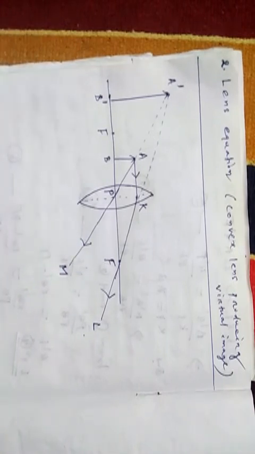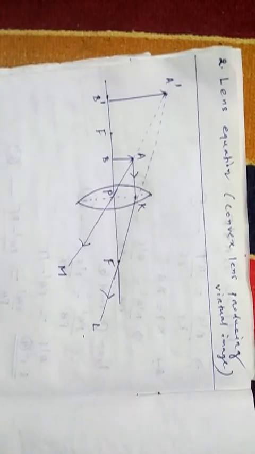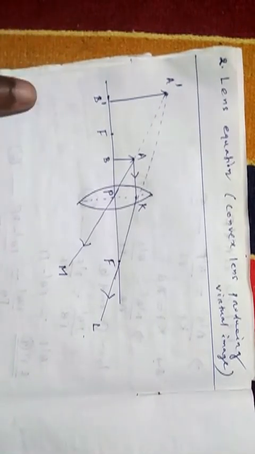Let the object AB be held perpendicular to the principal axis of the convex lens and be in between the optical center P and focus F. A virtual erect image A dash B dash is formed as shown in the figure below. So this is the ray diagram.